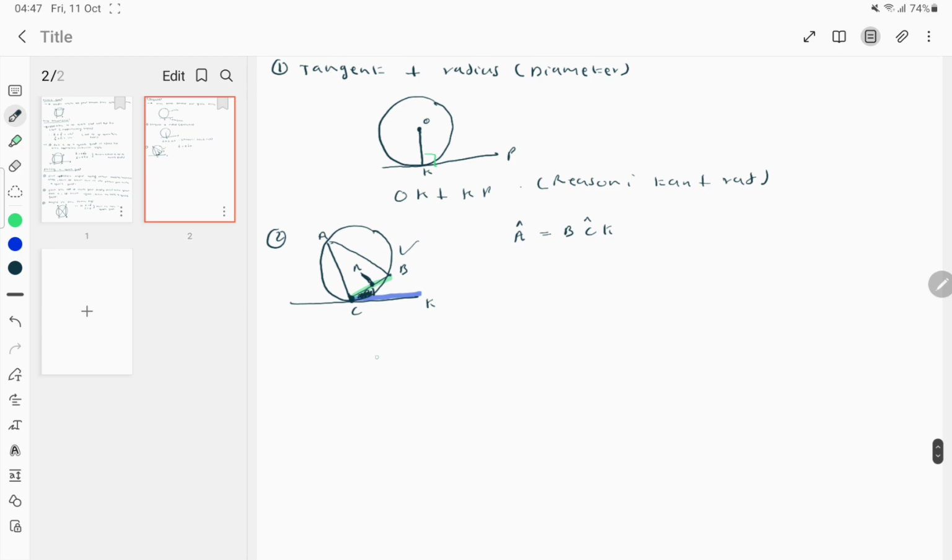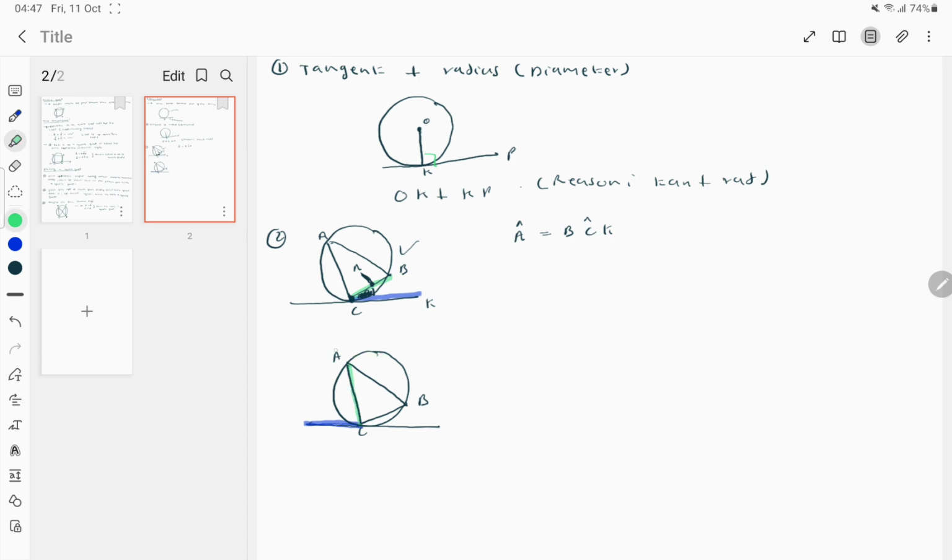If I was going to the other side, I'm going to name it the same way again. So I have A, B, C, but instead of going the other side, I want to be this side now. So here is my tangent, and then where's your chord? And there's the chord.